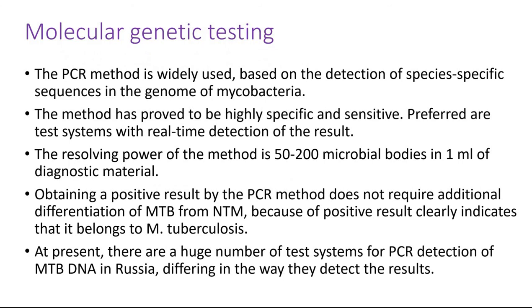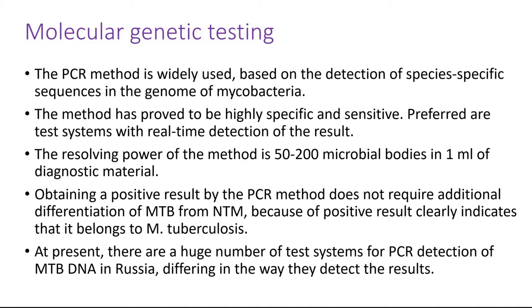And the next method of etiological diagnosis, the third step in our algorithm, as we spoke about previously, is molecular genetic testing. The PCR method is widely used, based on the detection of species-specific sequences in the genome of mycobacteria.